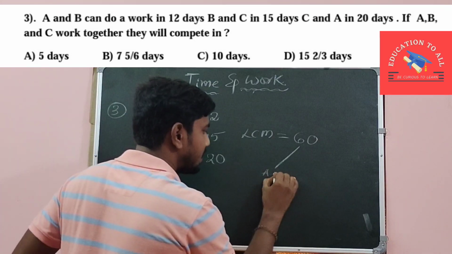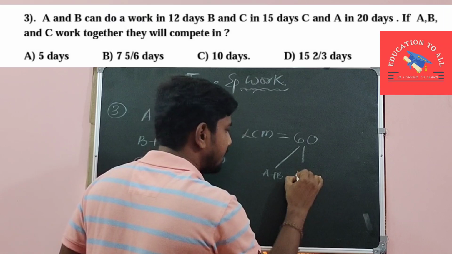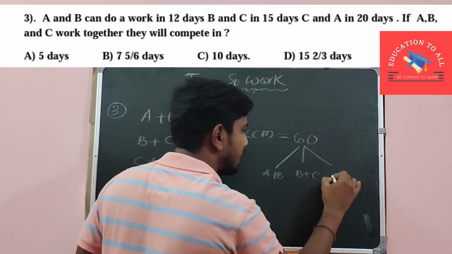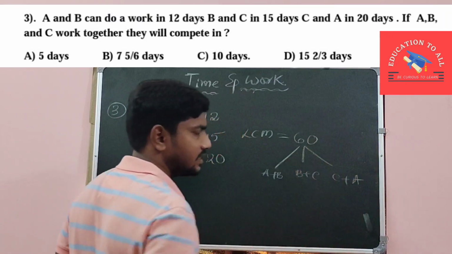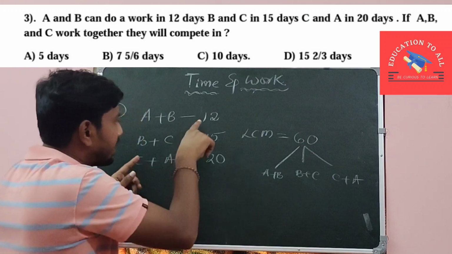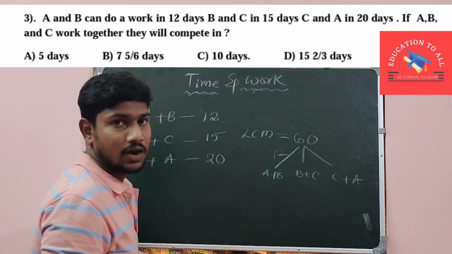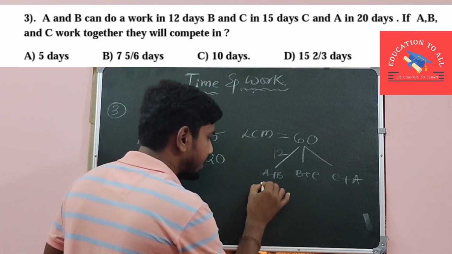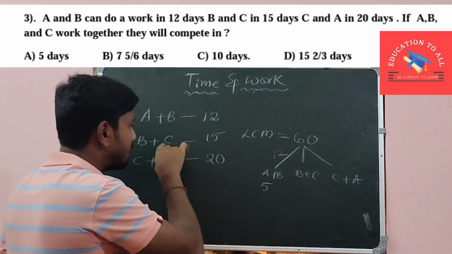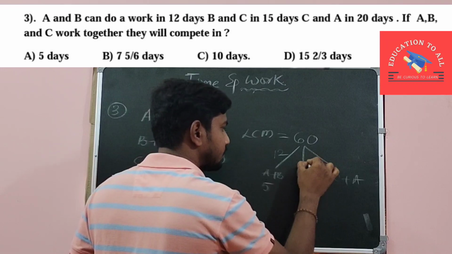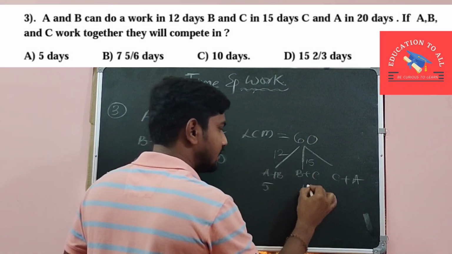So I am writing A plus B efficiency, B plus C efficiency and C plus A efficiency. A plus B works in 12 days; 12 in 60 cancels 5 times. B plus C is 15 days, so 15 cancels 4 times.